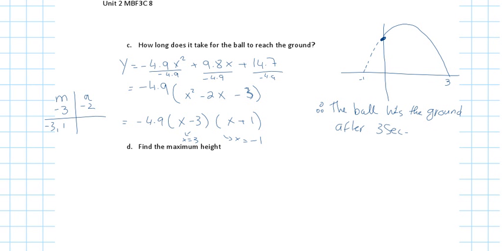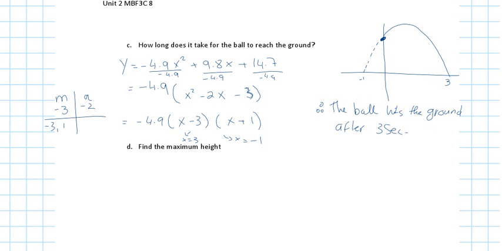How do you find the maximum height? What point am I looking at? The vertex. How would I find my vertex? Okay, so you have your 2 zeros.